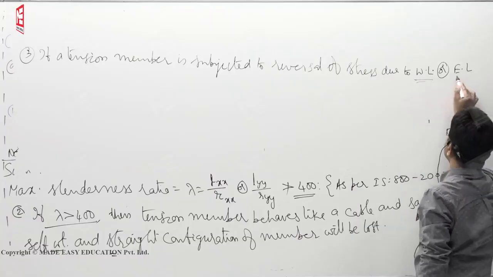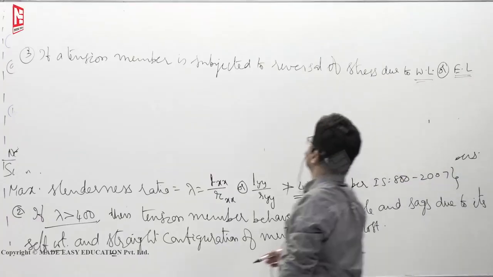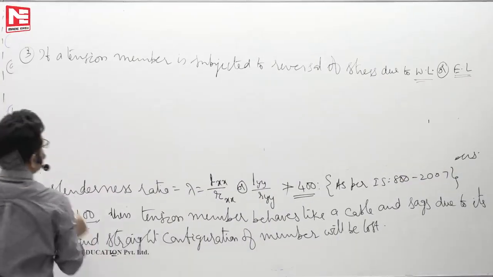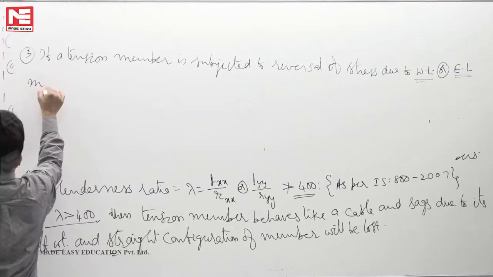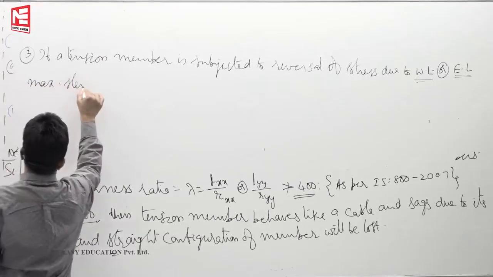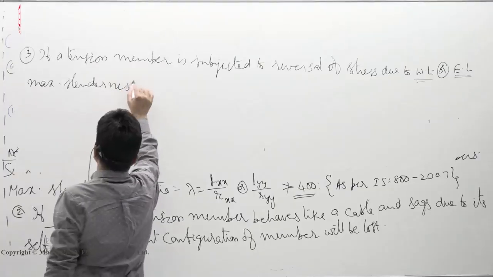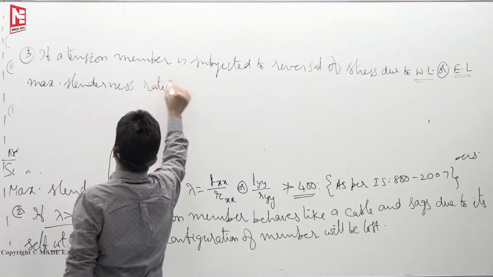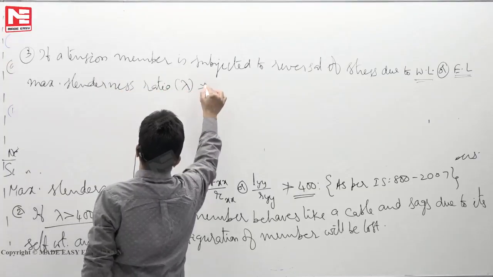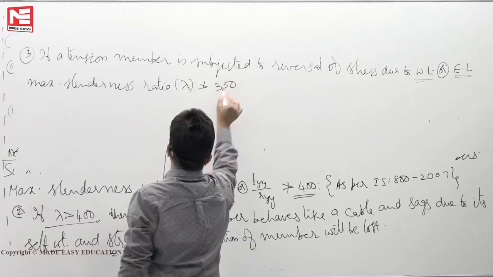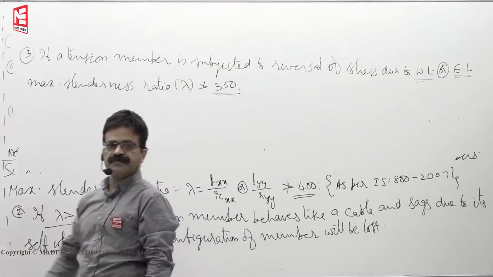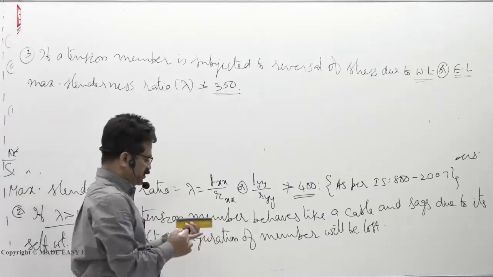WL means wind load, EL means earthquake load. Reversal of stress due to wind load or earthquake load, maximum slenderness ratio lambda should not exceed 350. Okay, this is the provision.